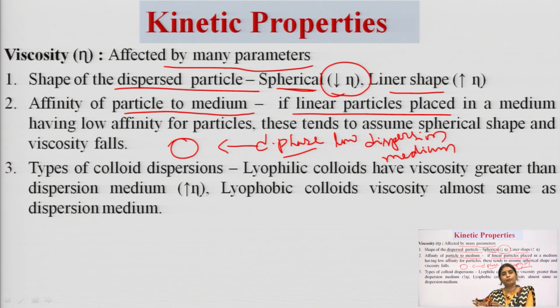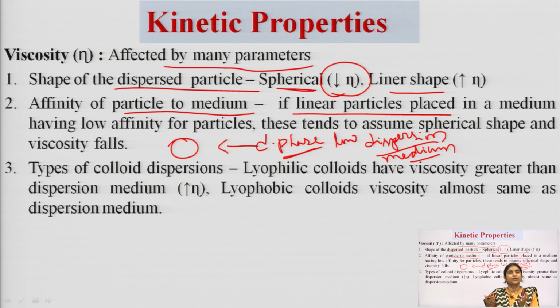Suppose we are using a polar dispersed phase, then it gets attracted toward a polar dispersion medium. But if the affinity between the dispersed phase and the dispersion medium is less, then what happens?